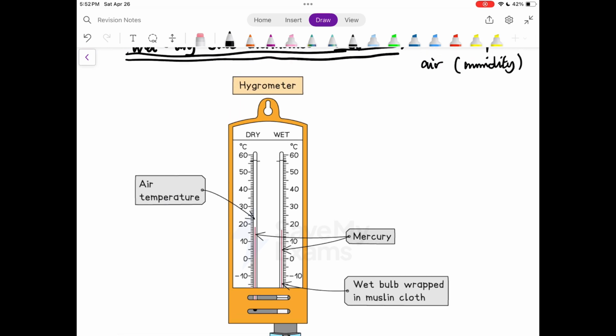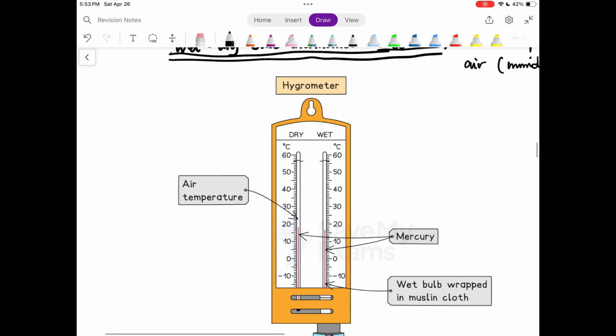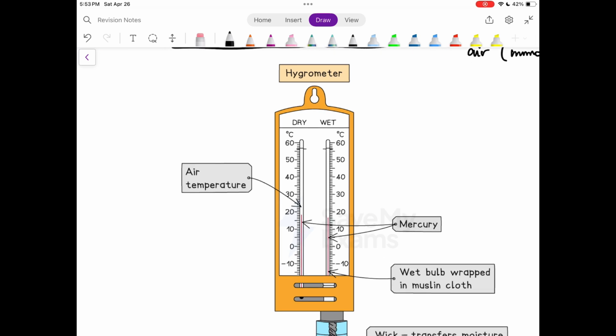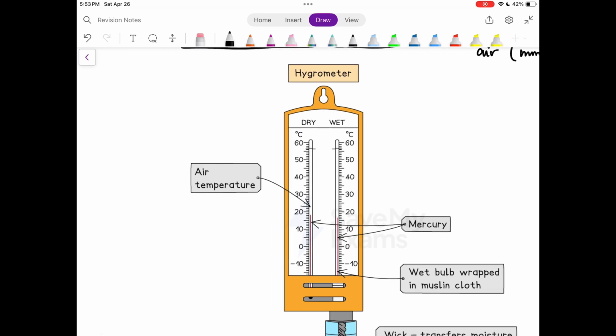And basically what happens is that it rises and lowers depending on the humidity. And if there's less moisture in the air, the evaporation will increase in the dry bulb. So this will increase here if there's less humidity, and this will decrease as a result.